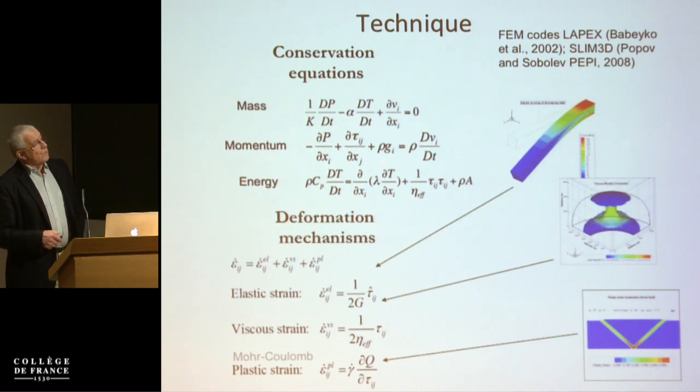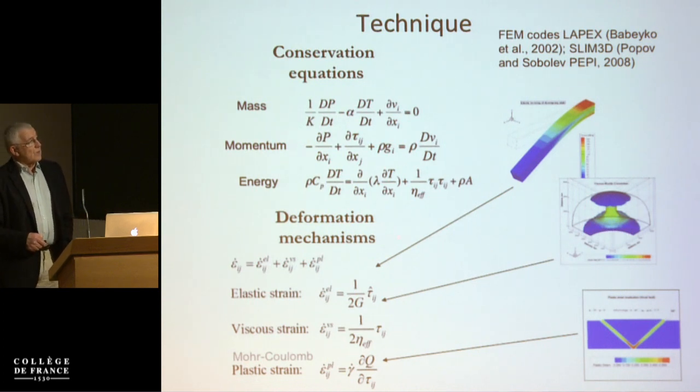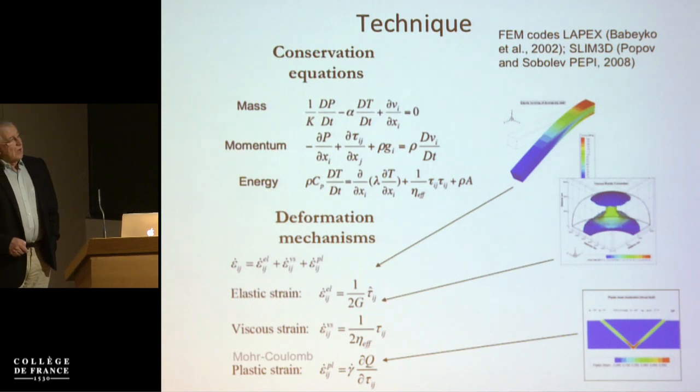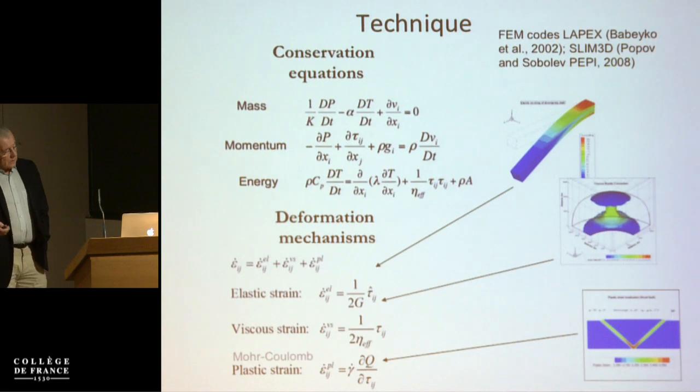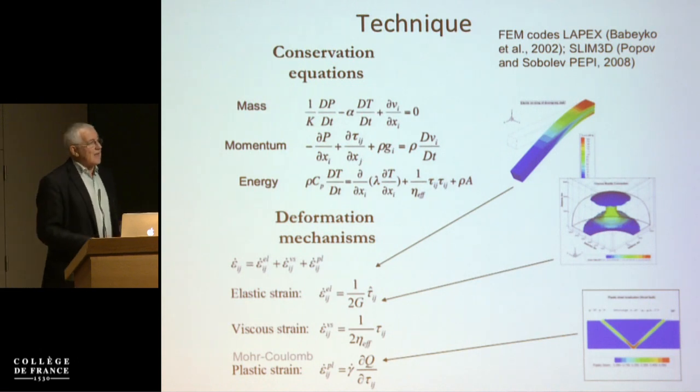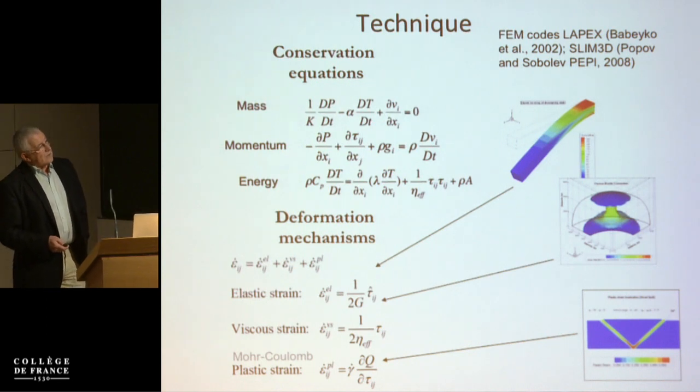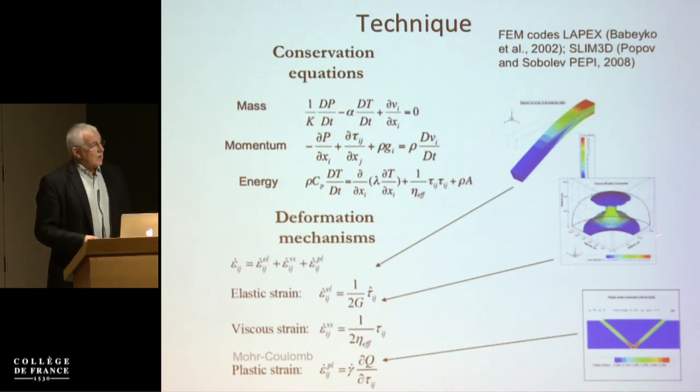What is important is that we are dealing with all major deformation mechanisms in our modeling: elasticity, viscous or ductile deformation with complicated viscosity and strain rates depending on stresses and on temperature in nonlinear form.